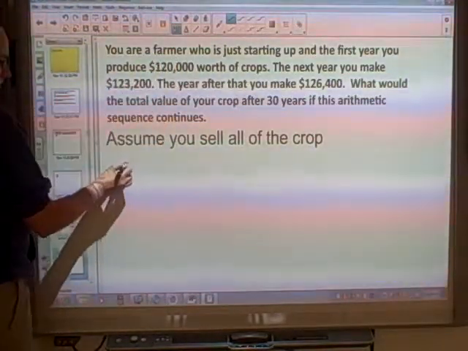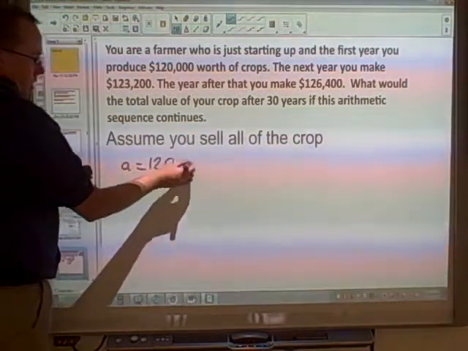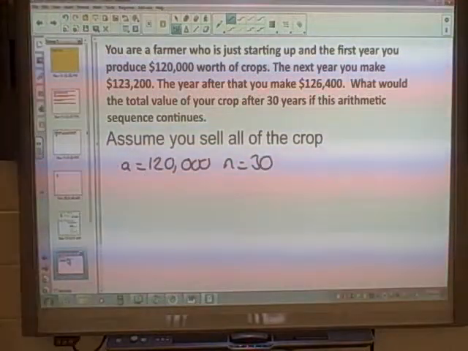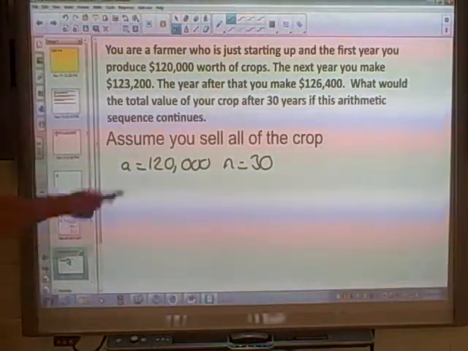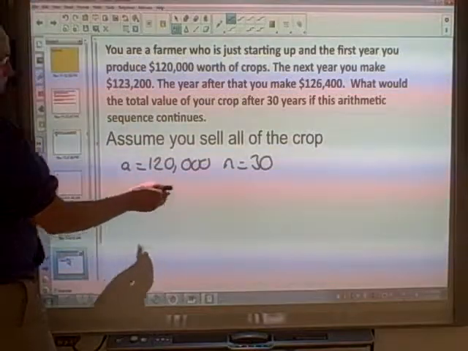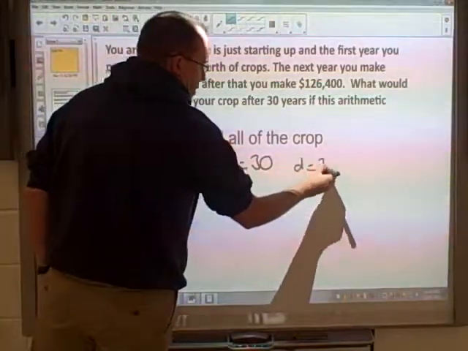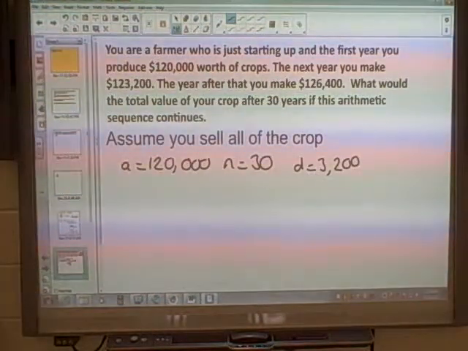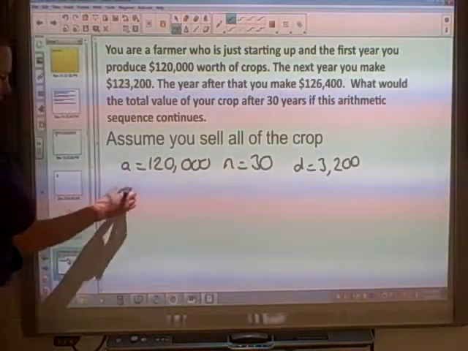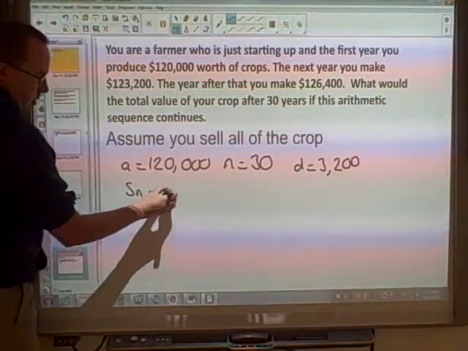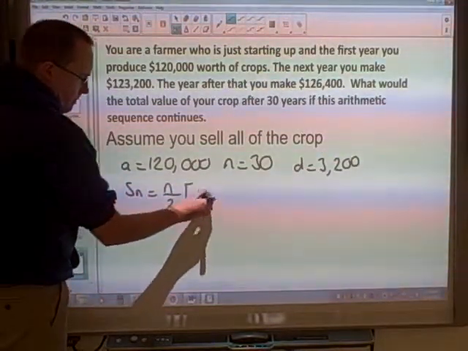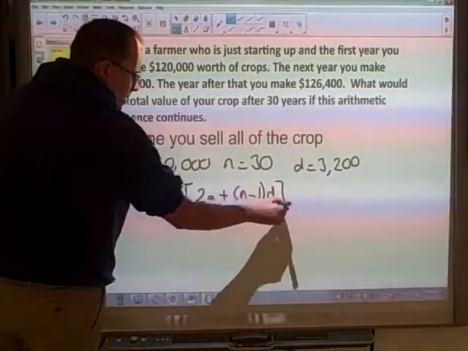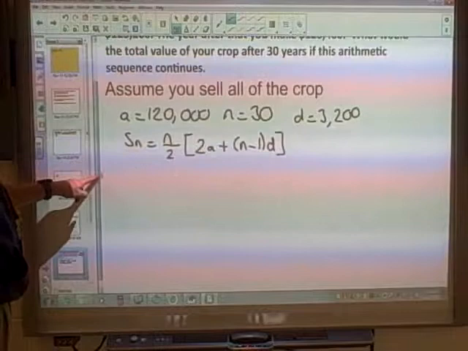So the first term, we're given. We're also given the number of terms here: it's going to be 30. And we can work out the difference by doing second term take away first term, so our difference is 3,200. Now we're going to use the formula, sum to n terms equals n over 2, 2a plus n minus 1 d, and substitute into that formula.